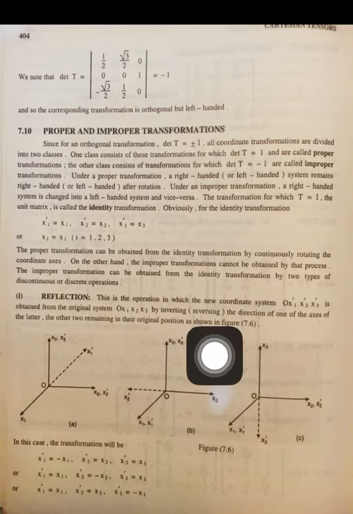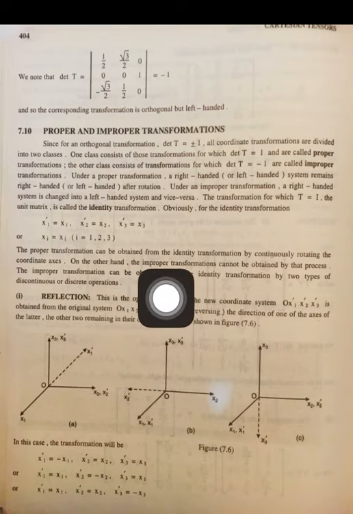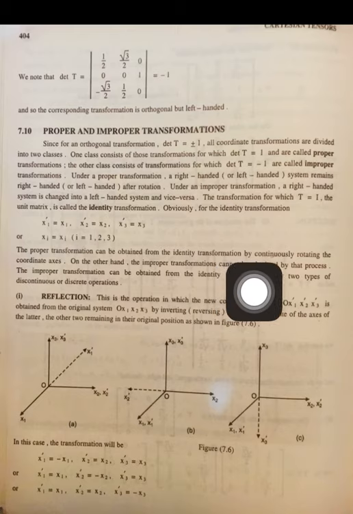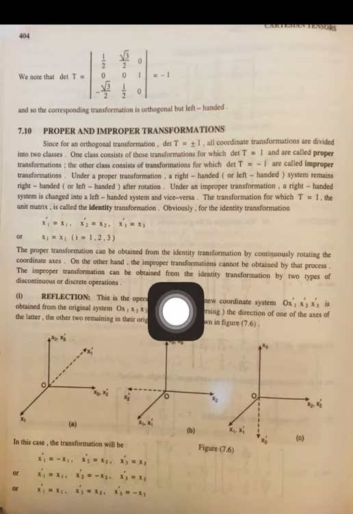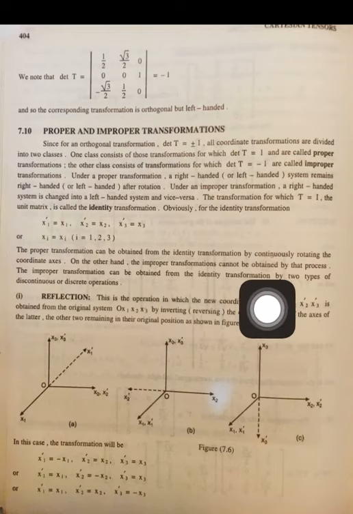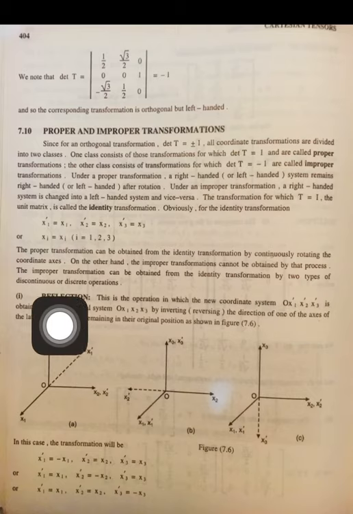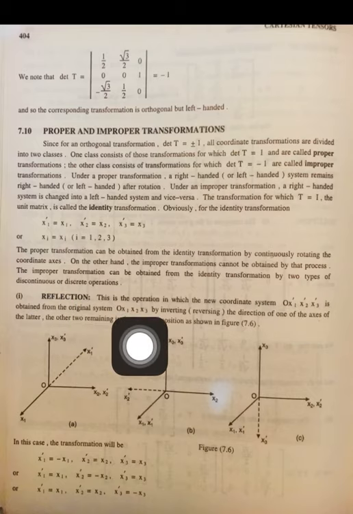The proper transformation can be obtained from the identity transformation by continuously rotating the axes, and the improper transformation can be obtained from the identity transformation by two types of discontinuous or discrete operations.